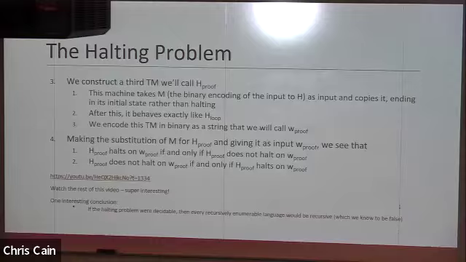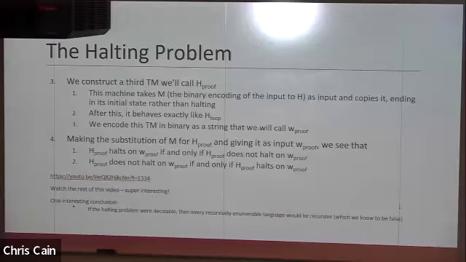But once we see the full halting problem and its grander scope, one interesting conclusion from that is that if the halting problem were decidable, then every recursively enumerable language would also be recursive, which is a very interesting conclusion to see as well, because we could end up taking any recursively enumerable language, turning it into the halting problem.